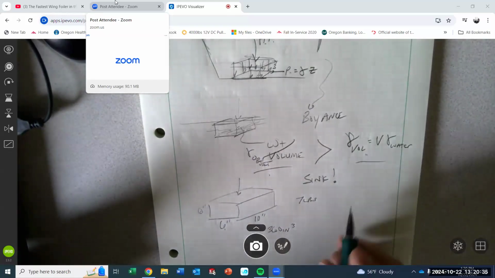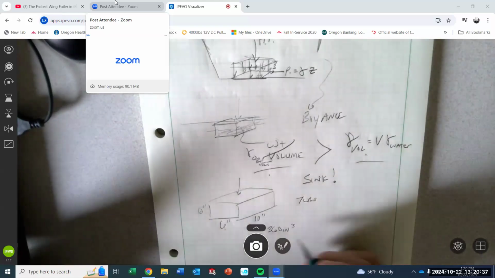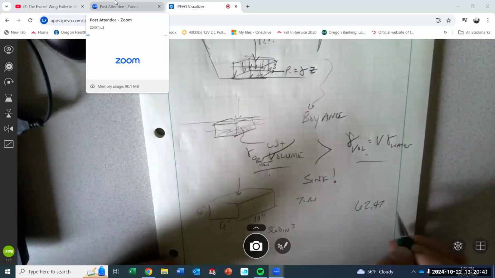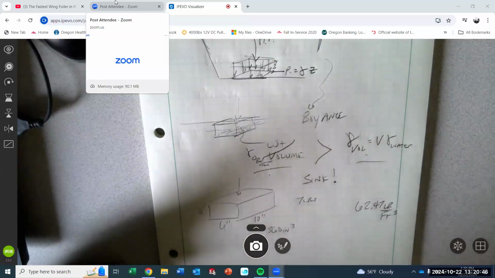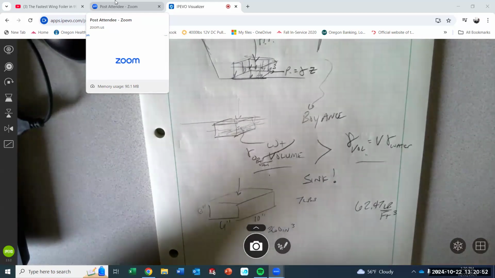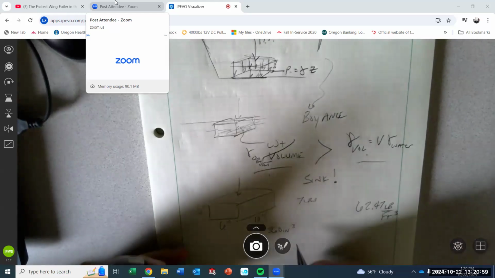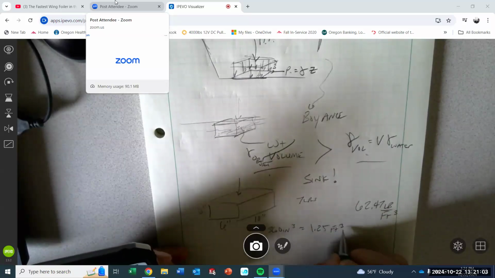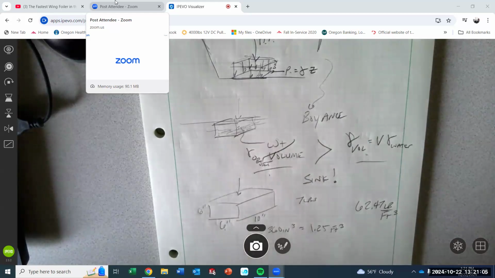To get that into feet cubed, because I know my water is 62.47 pounds per foot cubed, right? If I get this into feet cubed, that's going to help me. So I take my 360 and divide by 12 cubed, and this equals 0.21 feet cubed, right?